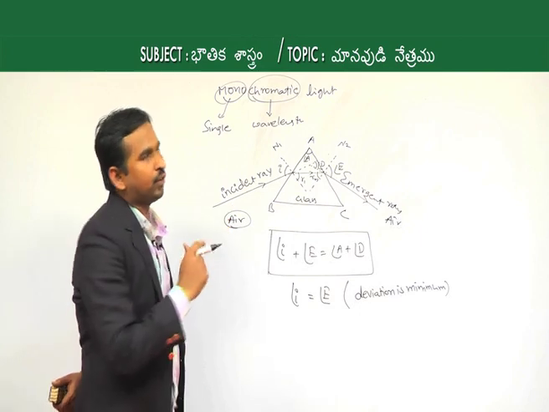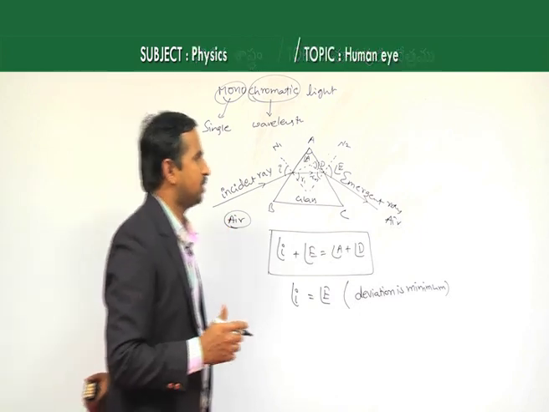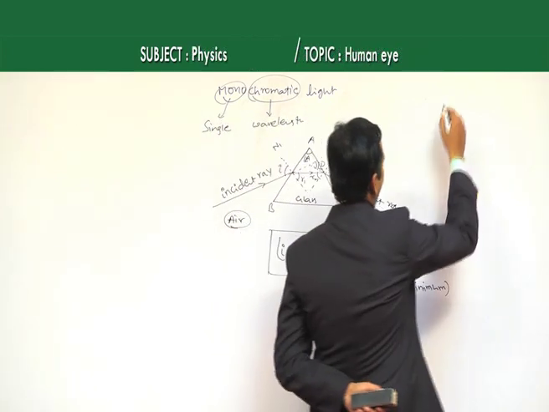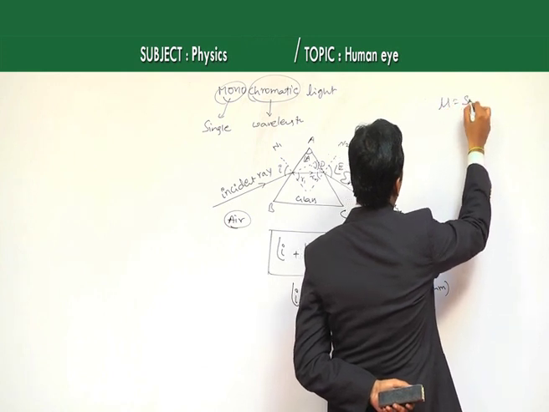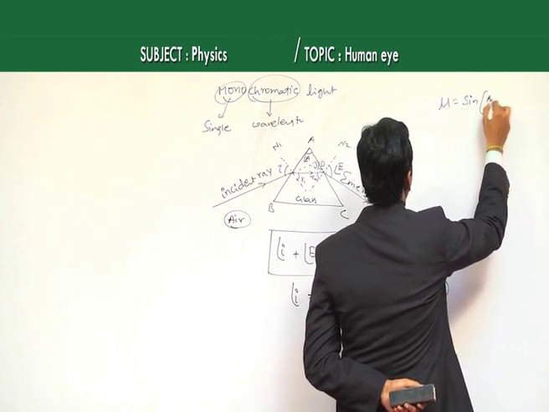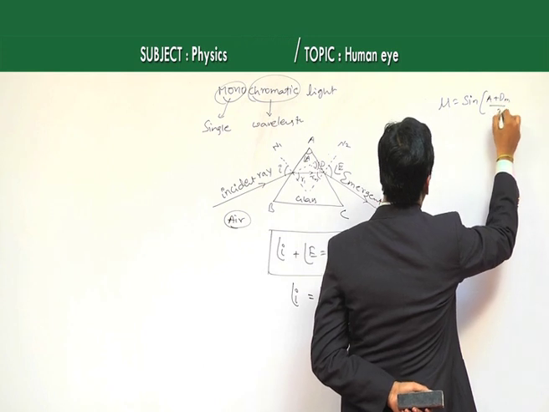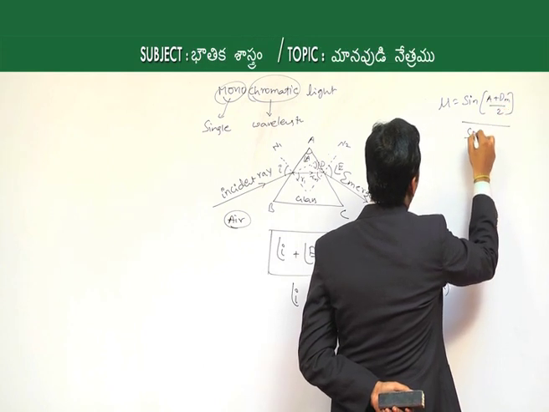Okay. Then, to find the refractive index of this glass prism, the formula is mu is equal to sine of (A plus Dm) by 2 divided by sine of A by 2.